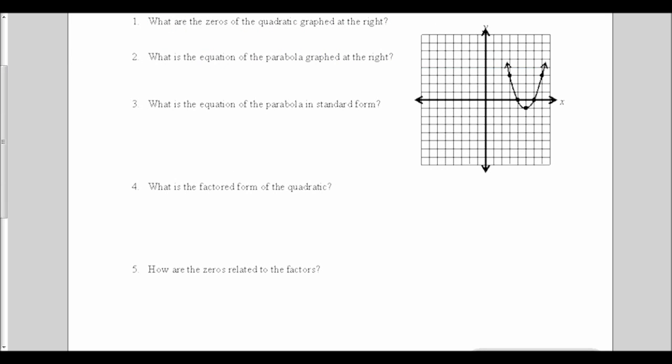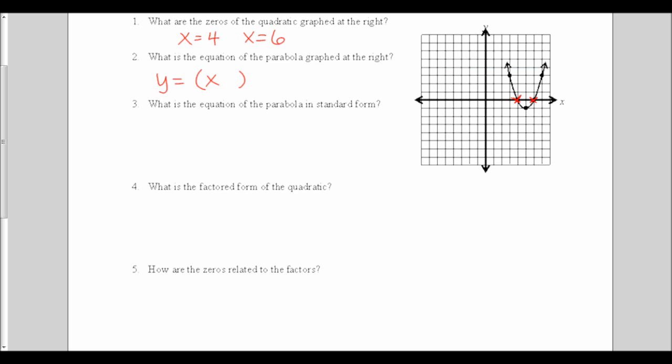I have a graph over here on the right. My graph has two x-intercepts, or zeros. The values of those zeros are x equals 4 and x equals 6. If we wanted to write the equation of this parabola, I usually write my equation in vertex form. So I'd start with y equals.